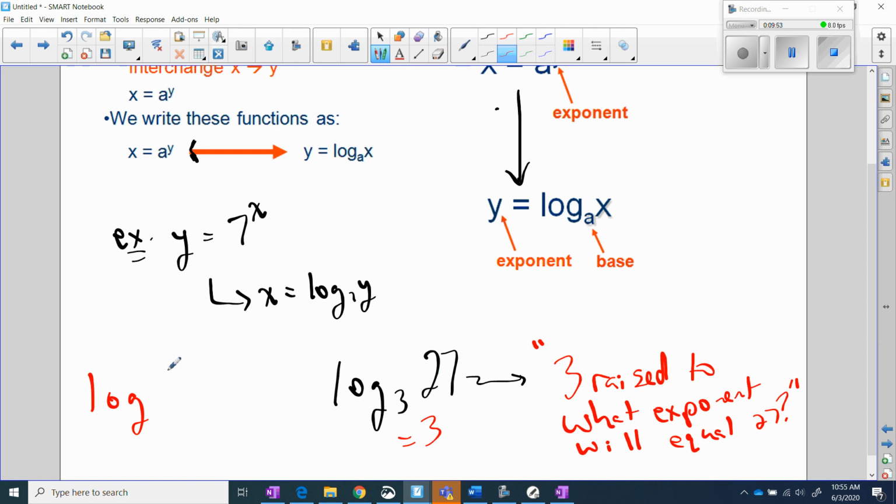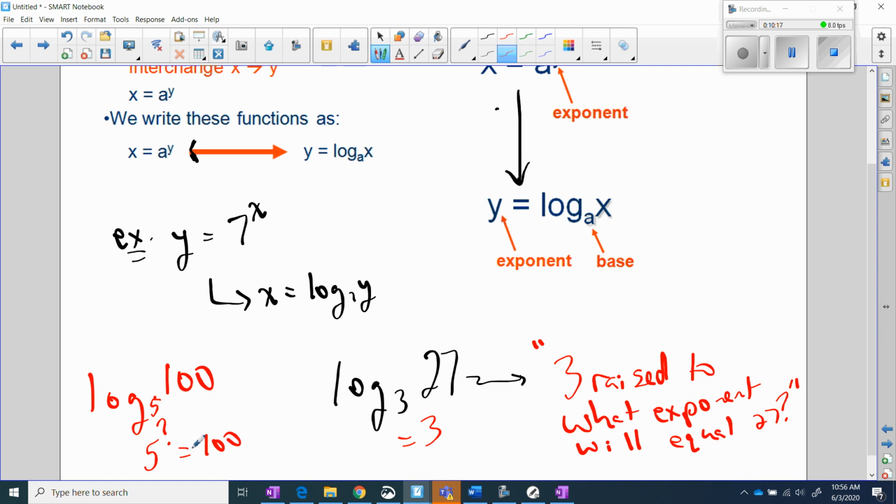The log of 100 to base, let's say, 5 means 5 raised to what exponent gives me 100? Well, the answer is somewhere between 2 and 3 because 5 squared is 25 and 5 cubed is 125.